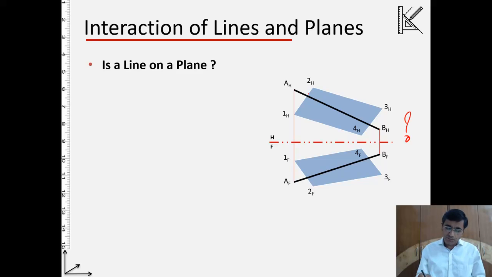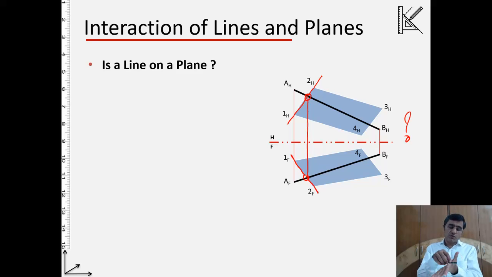Right now what you see is the point of intersection of the edge of the plane, this edge 1, 2, with the line AB. This is in fact aligned here. That means physically there is a point which is a single point.